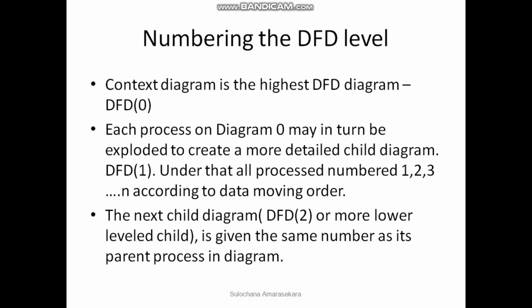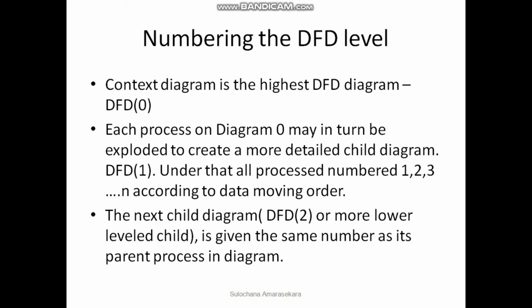In the previous lesson we numbered the context diagram with 0. The context diagram is the highest level of DFD diagrams. Other DFD diagrams we call children of the DFD 0 diagram. The first child is the DFD 1 diagram.